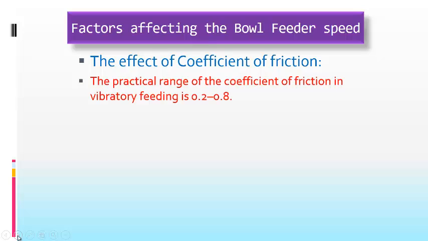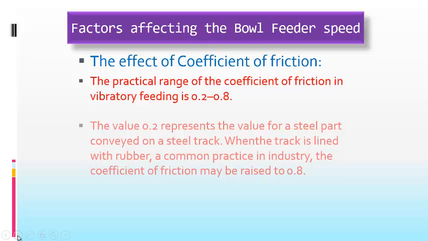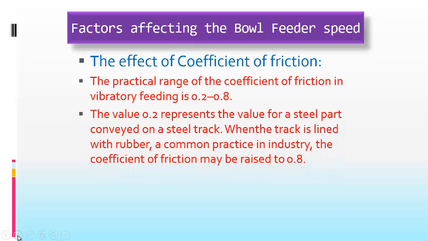The effect of coefficient of friction. The practical range of coefficient of friction in a vibratory feeder is 0.2 to 0.8. The value 0.2 represents the value for steel parts on a steel track. When the track is lined with rubber, a common practice in industry, the coefficient of friction may be raised to 0.8.